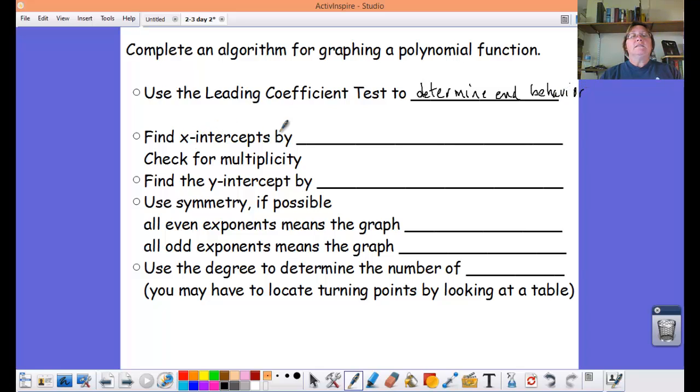We can find x-intercepts by setting the function equal to 0 and solving. And as far as methods for solving, the idea is we factor and set each factor equal to 0.